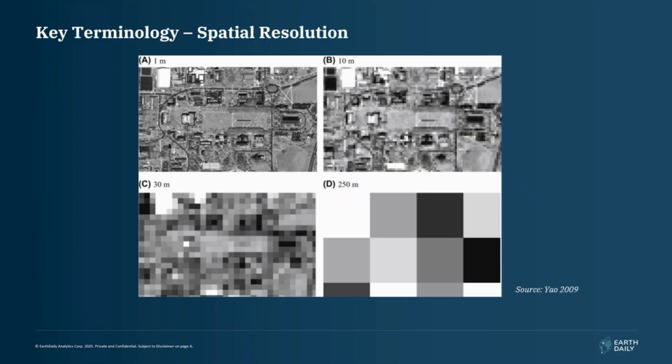As we move to 10, you could roughly pick out what we're looking at here. 30 is going to be a bit more challenging to really look at anything. And then at 250, we're struggling to see very much there. So having an understanding of what we're looking at is pretty important. Maybe you see a building as a big prop, and then we can work with it.